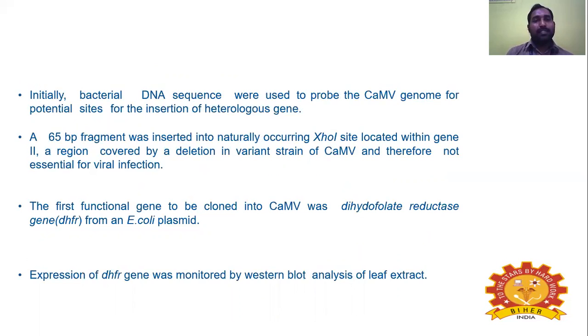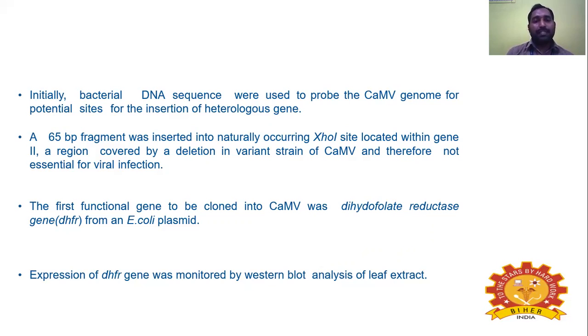And if we see some more details, initially the bacterial DNA sequence was used to probe the cauliflower mosaic virus genome and its potential sites for insertion of heterologous genes. And these 65 base pair fragments were inserted into a naturally occurring XhoI site located within gene 2, so this gene 2 can be deleted from its genome and can accommodate this foreign gene.